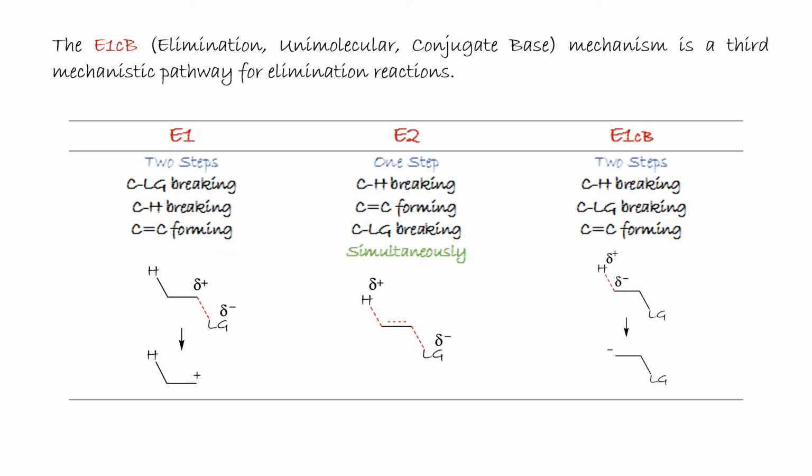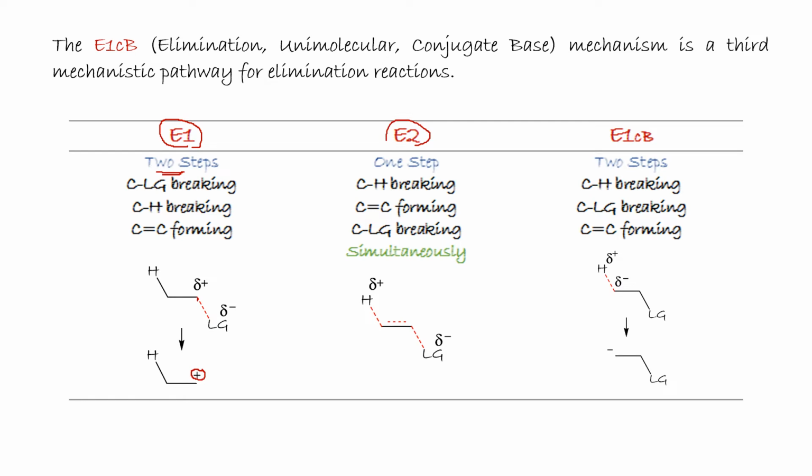The elimination unimolecular conjugate base mechanism is different from E1 and E2 mechanisms. In E1, recall, it's two steps. First step is the leaving group breaking from carbon, forming the carbocation, then elimination of proton, breaking the carbon hydrogen bond.